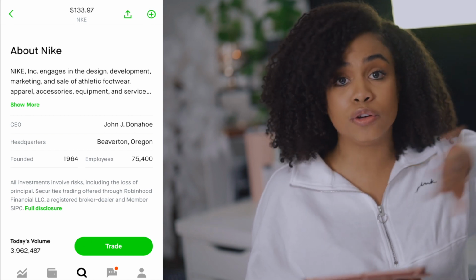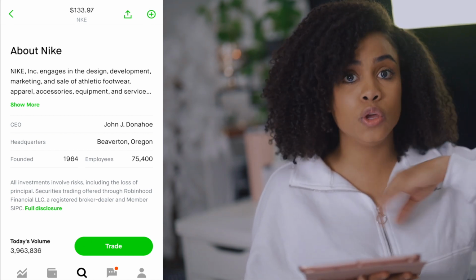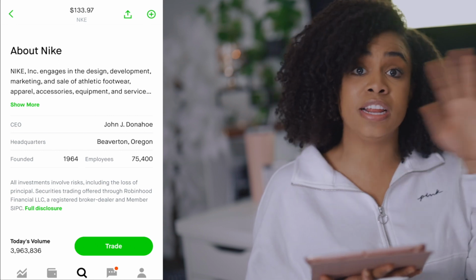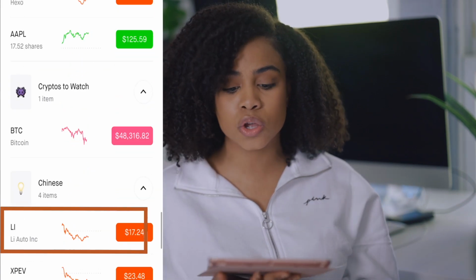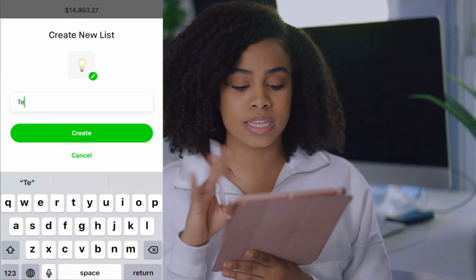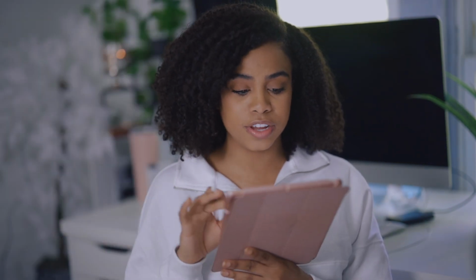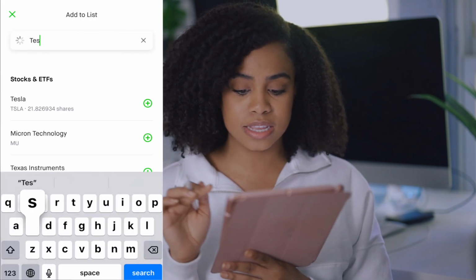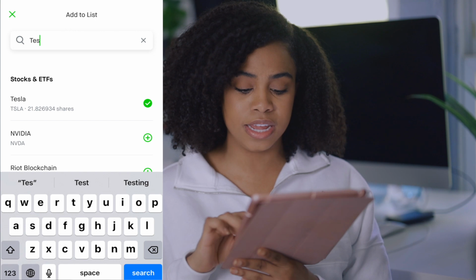And then you could go and you could look up their CEO, you could look up their management team, you could look up anything you want about Nike, but Robinhood gives you a nice description right here in this about section. If you go down right here, you can create what's known as a watch list at any moment. And say I want to look up all the technology stocks, I can hit create, and then if I hit find stocks, let's add Tesla to this, let's add NEO.